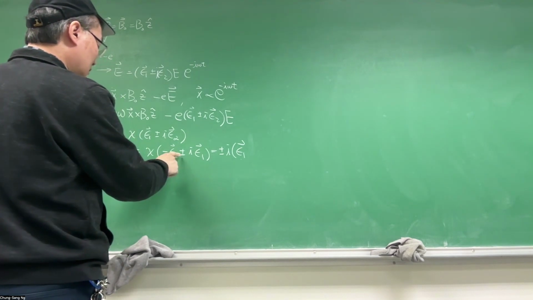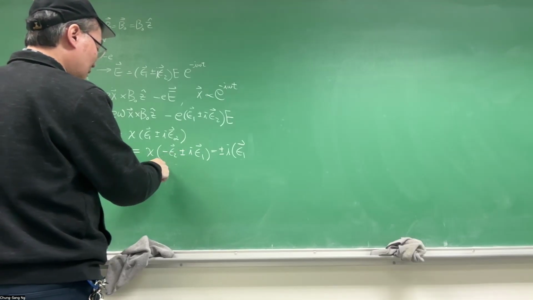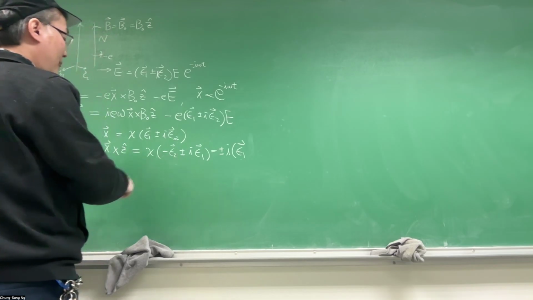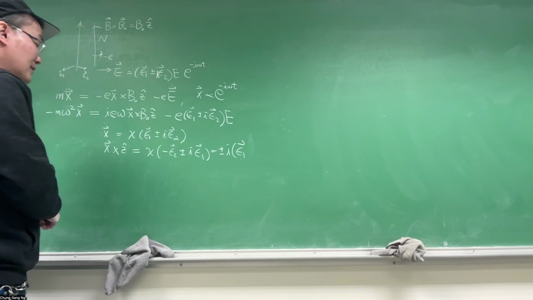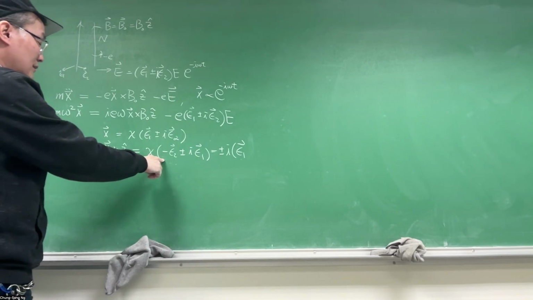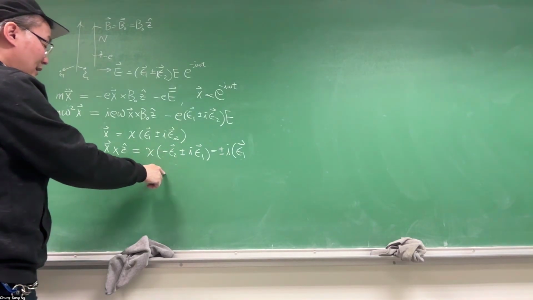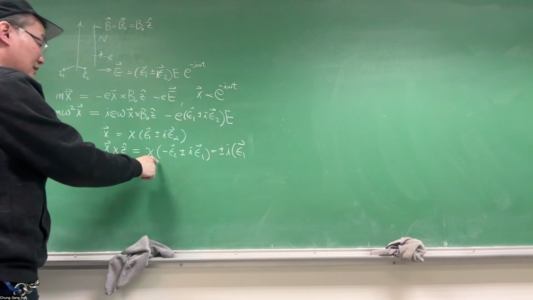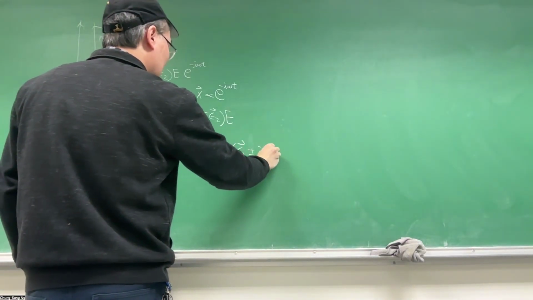Right. You pull out plus or minus i, divided by plus or minus i. And minus 1 divided by i is i. So it's plus or minus i, epsilon 2.